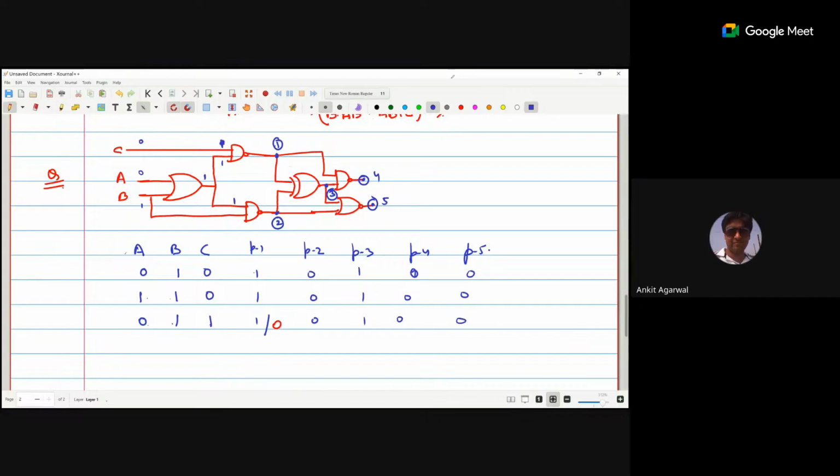Now B is 1, so this is always 0. Yeah, that is correct. Now this one and this one will be X now. Okay, so 1, 0, 1, 0, 1. So I think this one becomes 0.